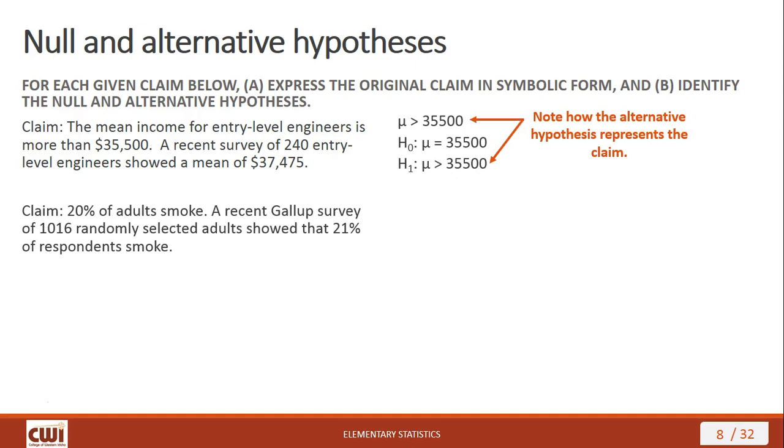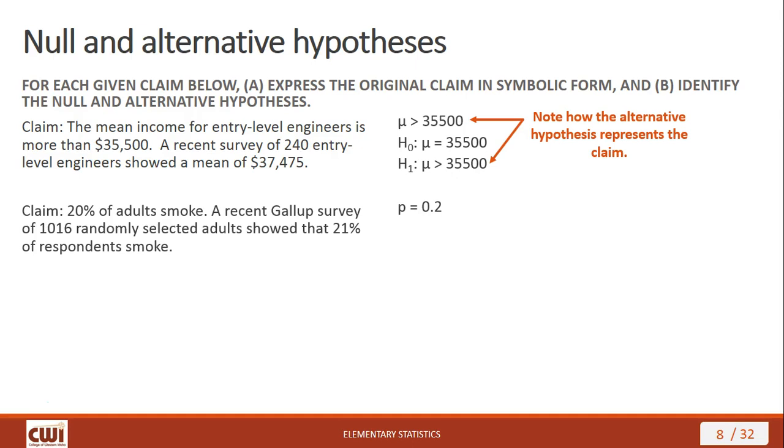Pause so you come up with a response. The claim is that 20% of adults smoke. So this is a proportion. So we're going to say that P equals 0.2. The proportion of people who smoke in the population is 20%.